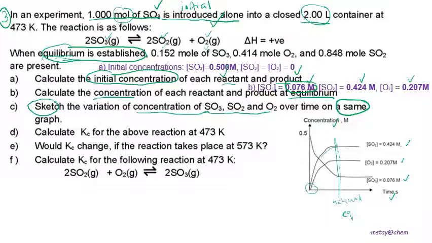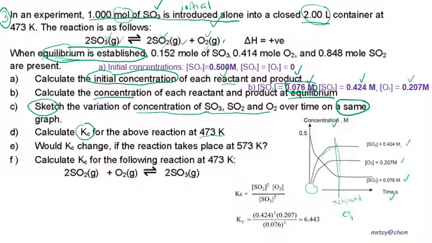Question D, calculate the Kc for the above reaction at 473 Kelvin. As we know, first we need to write down the Kc expression. Since in this system all the reactants and products are in the gaseous phase, all of them will appear in the Kc expression.